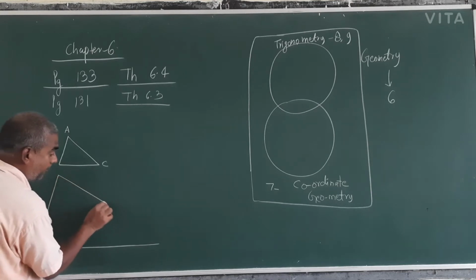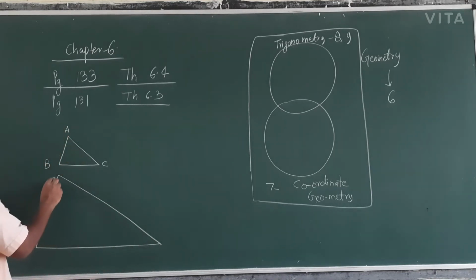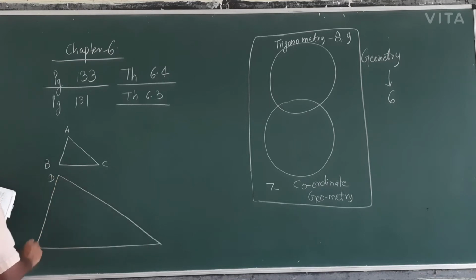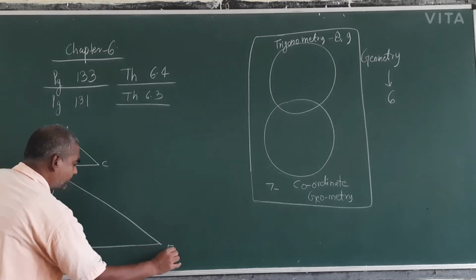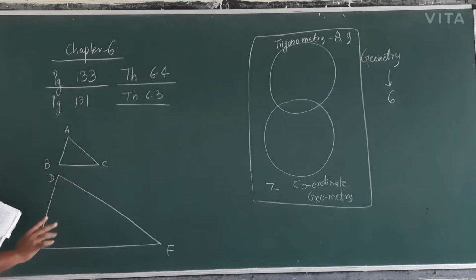Same type, bigger size. Type means angles, and this is point D, this is E, and this is F. So in 6.3, 6.4, both you may have.